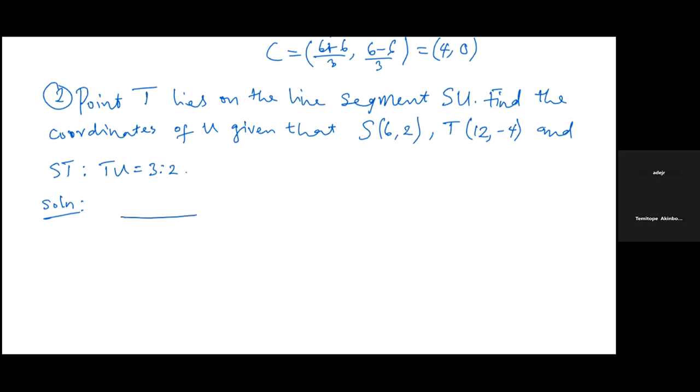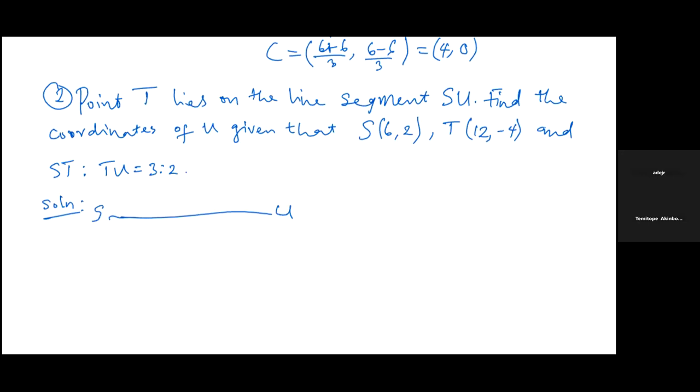Okay, don't worry. Let's do it together. Now we are told that point T lies on the line segment SU. So meaning that we have S here, U here. So in between S and U, you have T. Am I communicating?